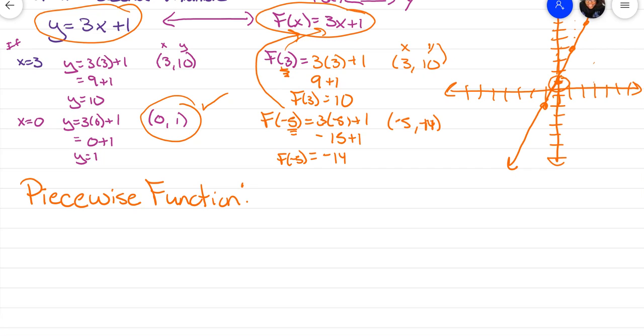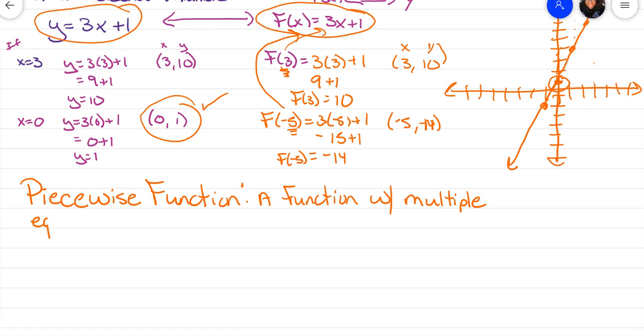A piecewise function is a function with multiple, and that multiple could be 2, 3, or 4.